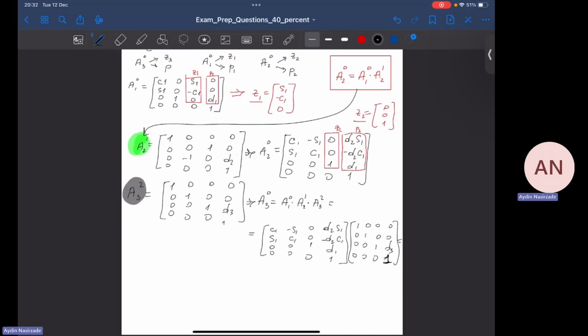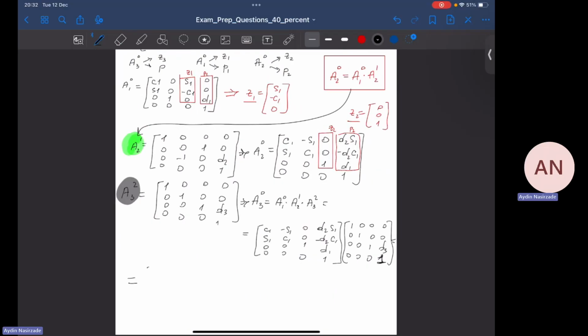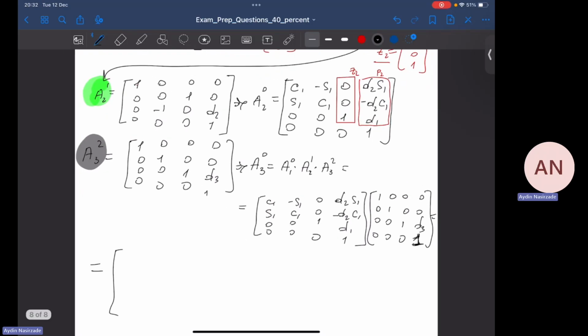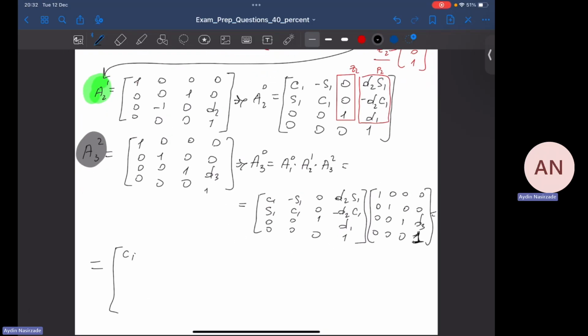Let's multiply these two matrices, and we get C1, S1, 0, 0, minus S1, C1, 0, 0, 0, 0, 1, 0, and D2 S1, minus D2 C1, D3 plus D1, 1.